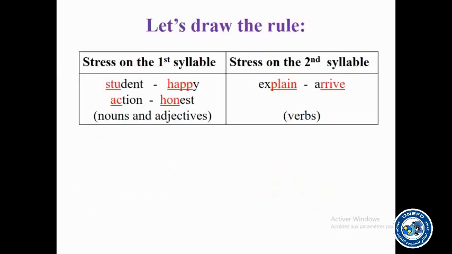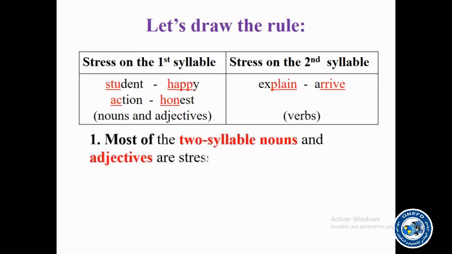So we have to deduce the rule from what we dealt with. Rule number one, most of, and I focus on most of, not all of, the two-syllable nouns and adjectives are stressed on the first syllable.